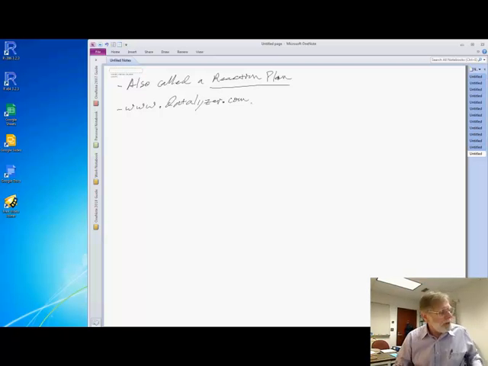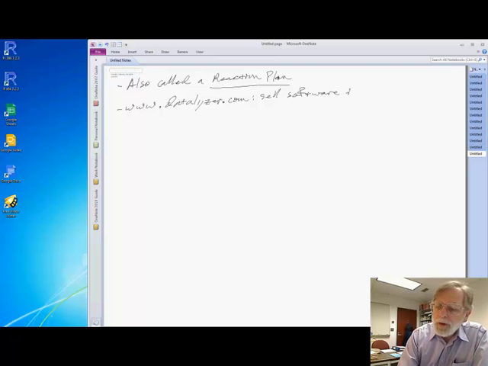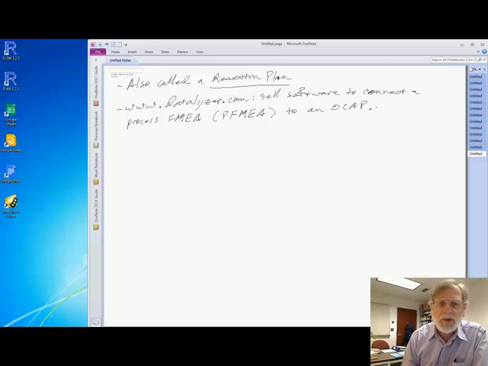And what they do is sell software to connect a process FMEA, called a PFMEA, to an out-of-control action plan. That's very cool.